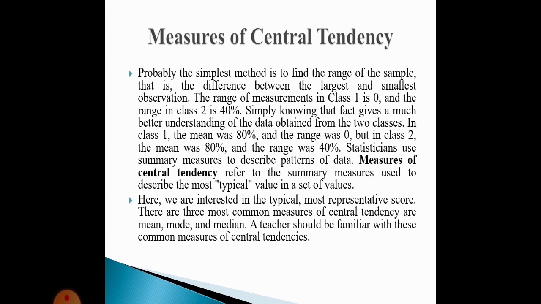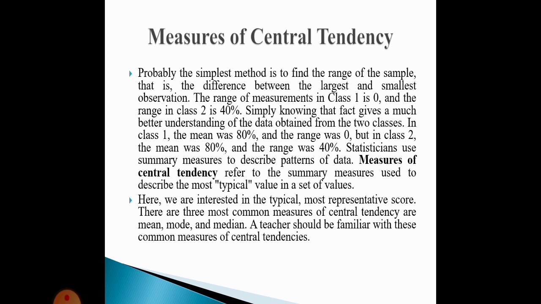The range in class 1 is 0 and the range in class 2 is 40%. Simply knowing that fact gives a much better understanding of the data. In class 1 the mean was 80% and the range was 0, but in class 2 the mean was 80% and the range was 40%.